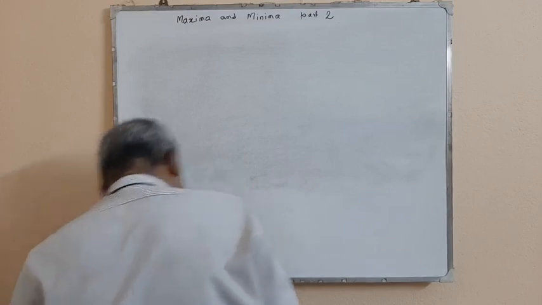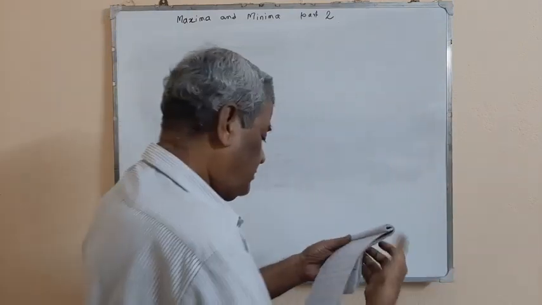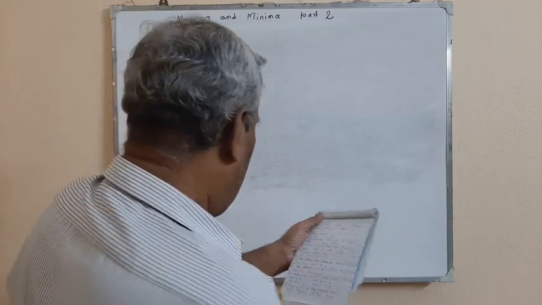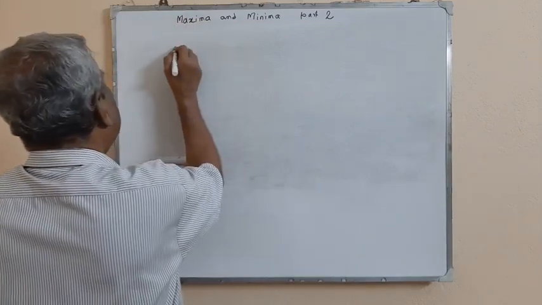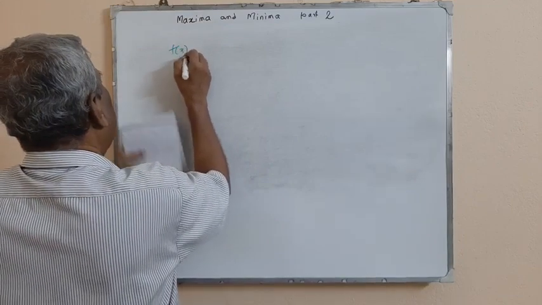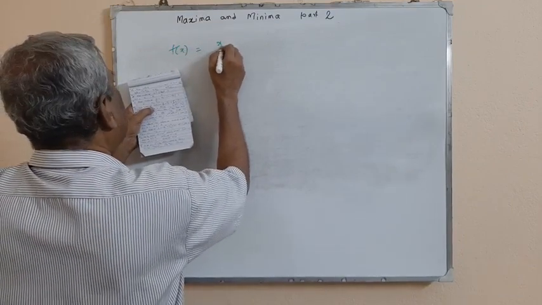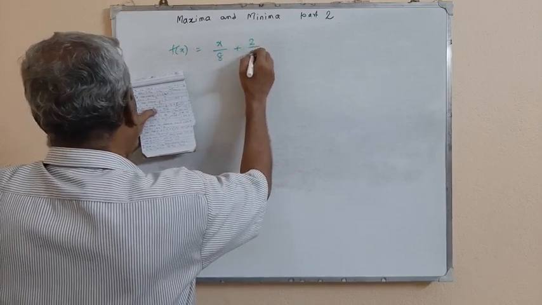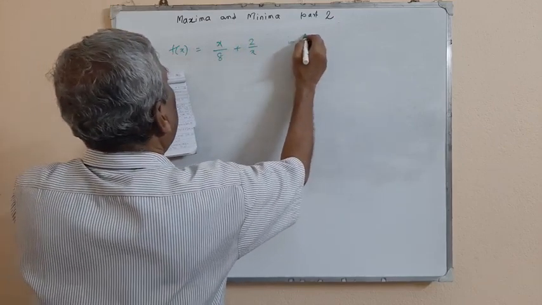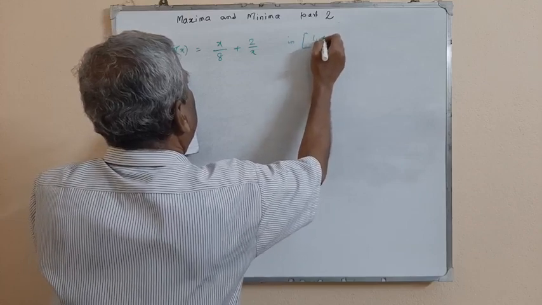Now, next problem. Maximum value of f(x) is equal to x by 8 plus 2 by x in the range 1 to 6.